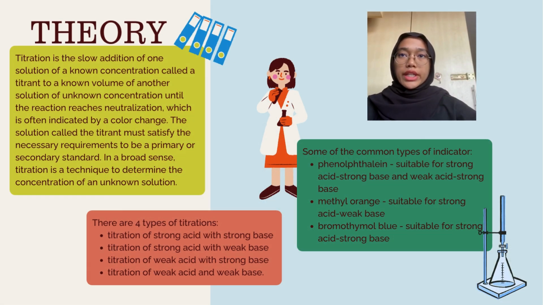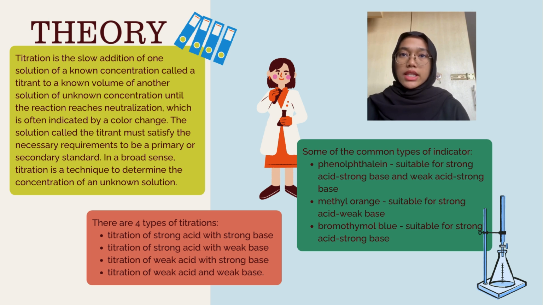Titration is the slow addition of one solution of known concentration, called a titrant, to a known volume of another solution of unknown concentration until the reaction reaches neutralization, which is often indicated by a color change. The solution called a titrant must satisfy the necessary requirements to be a primary or secondary standard.